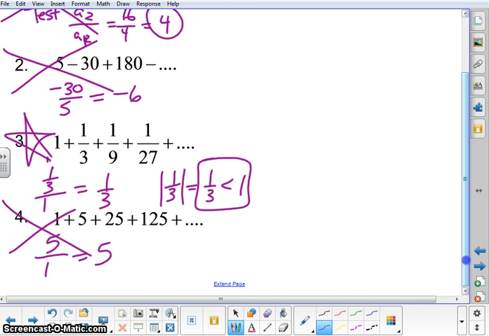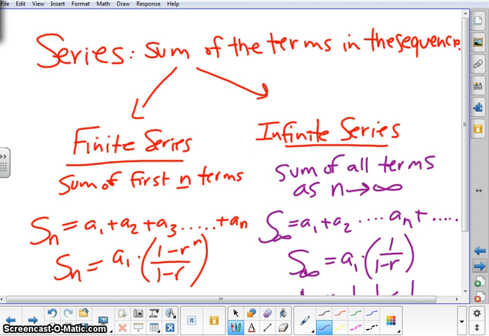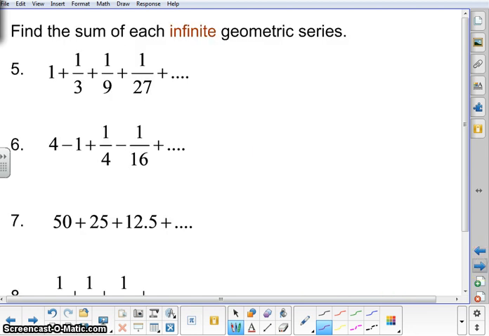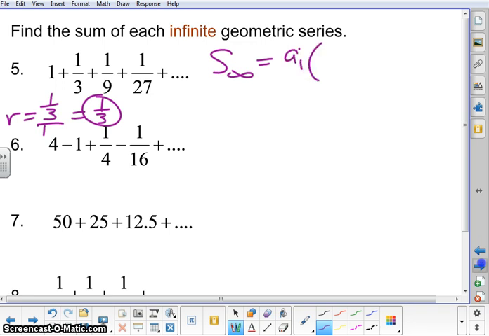Okay, now the one that did work, I have an example to use. Find the sum of the infinite geometric series. So we already know that 1/3 divided by 1 gave us a common ratio of 1/3. So let's use that in this new formula, which is the sum of infinite terms: a1 times 1 over 1 minus r.